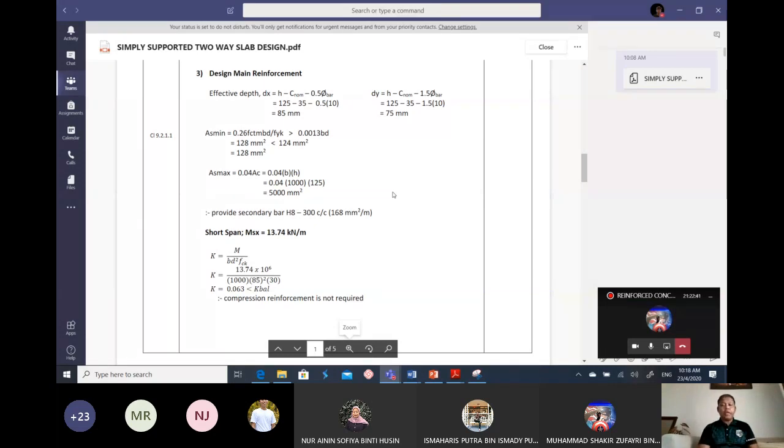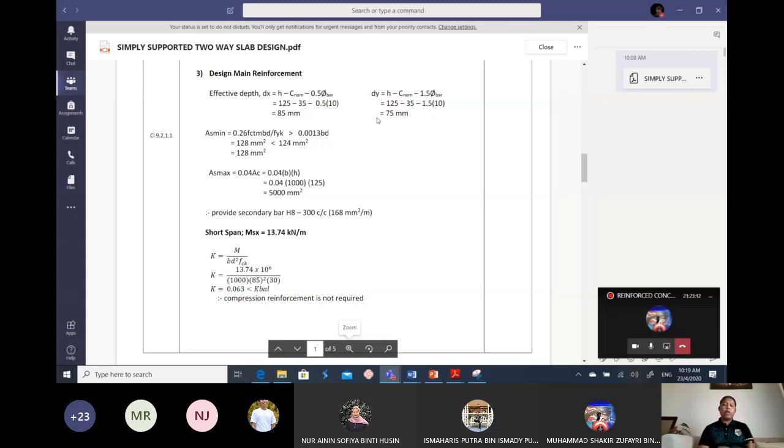The effective depth for a two-way slab, we have to calculate for both axes, dx and dy. So dx is equal to h minus c nominal minus 0.5 diameter bar. So 125 minus c nominal 35 minus 0.5 times 10, we get the answer 85 millimeter. So dy is equal to h minus c nominal minus 1.5 diameter bar, then we get the answer 75 millimeter.